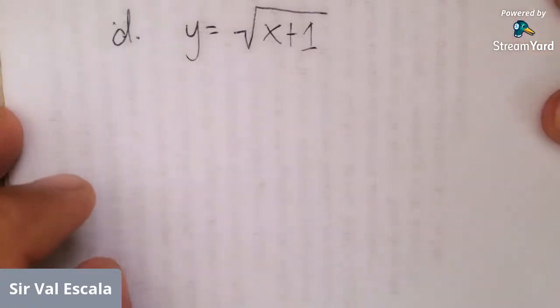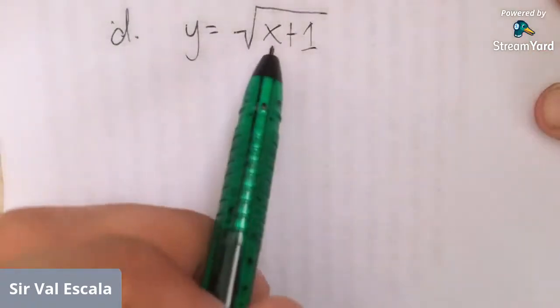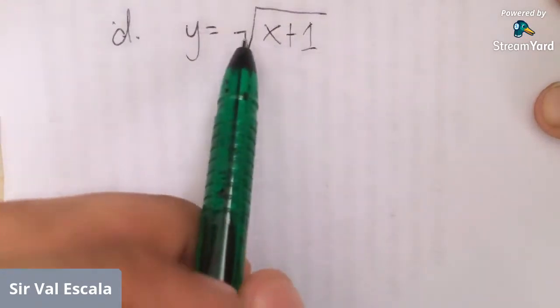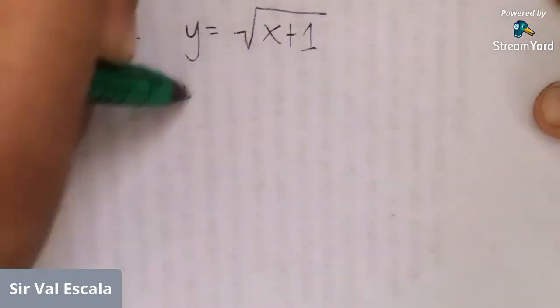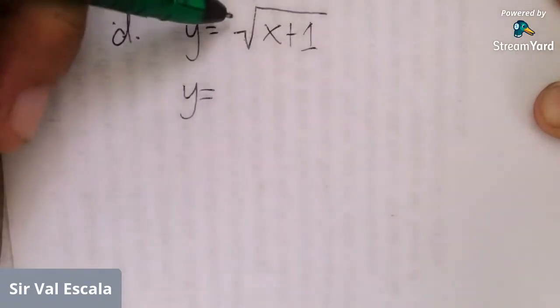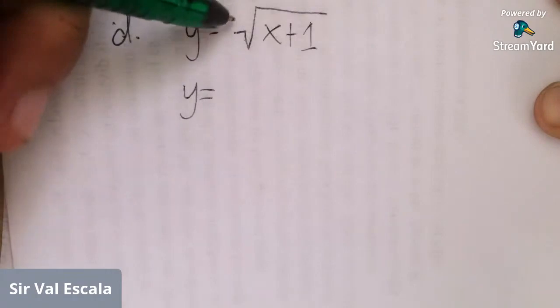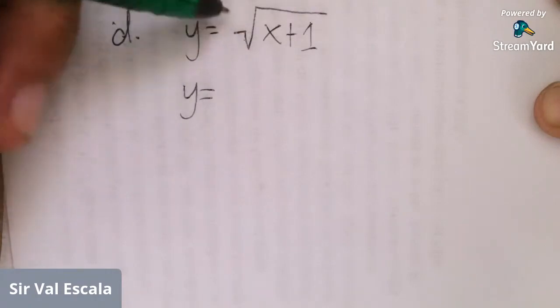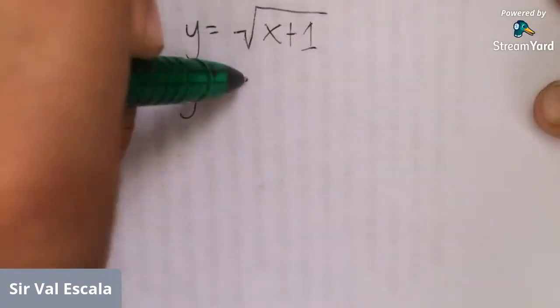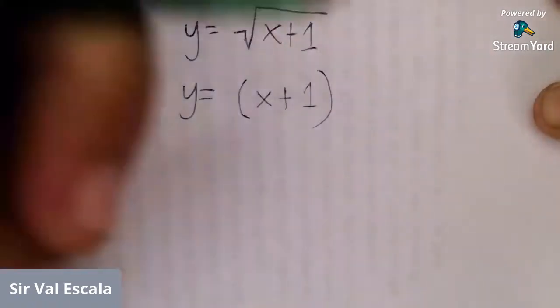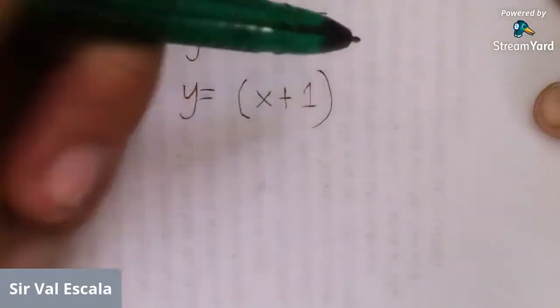So, pwedeng i-convert kapag may radicals, yung radicals pwedeng gawin nating exponent. So, paano yan? So, ang anong root natin? Di ba, square root? Yung square root is 2 yung ating root. So, pag transfer natin as exponent, magiging ganito yan. So, x plus 1 raised to, ano kaya?